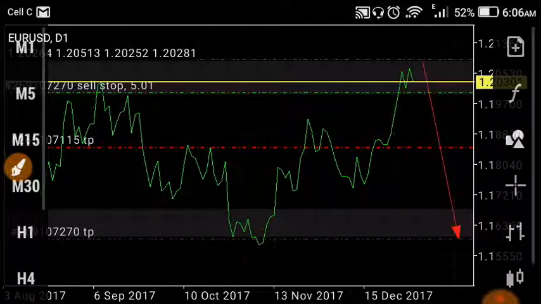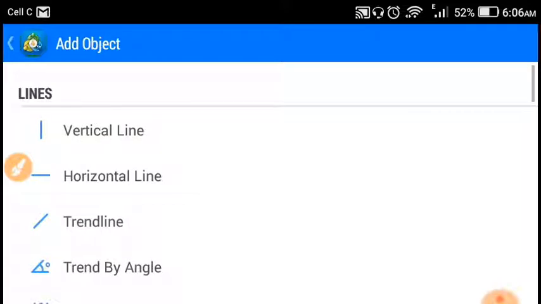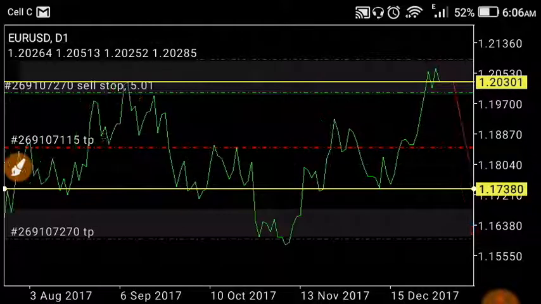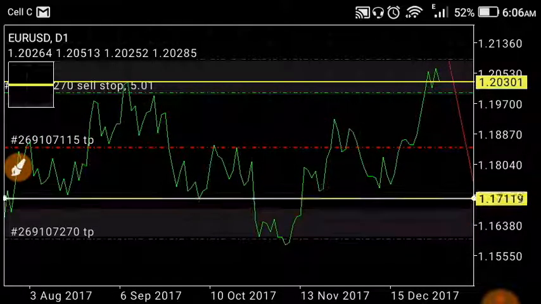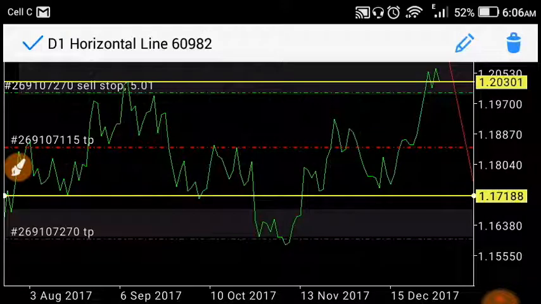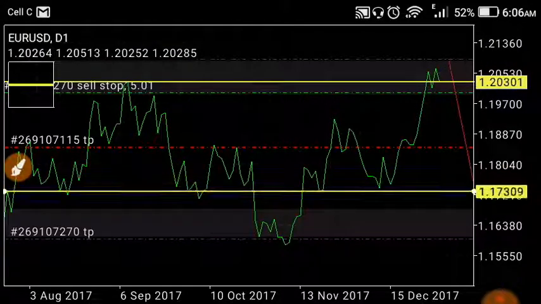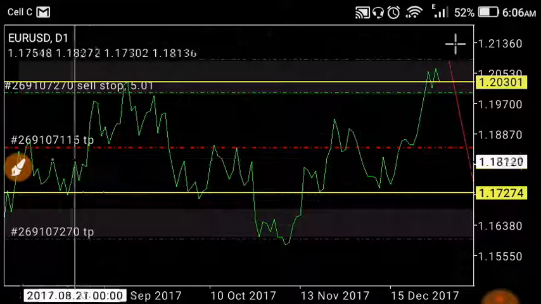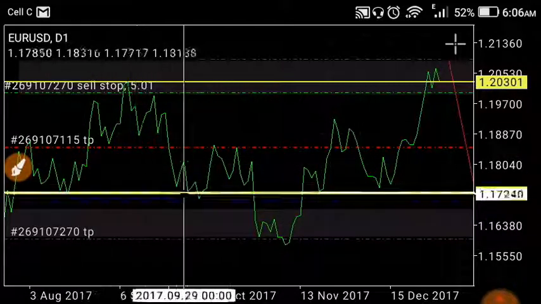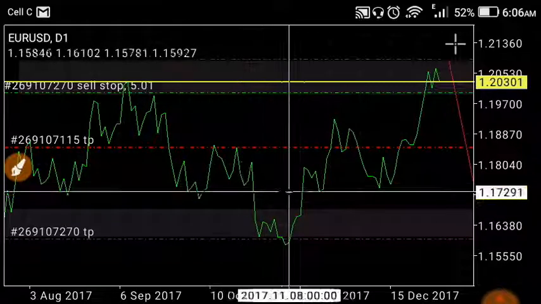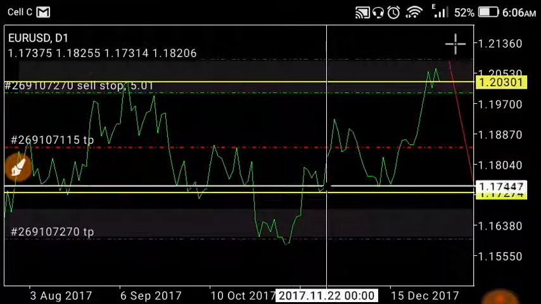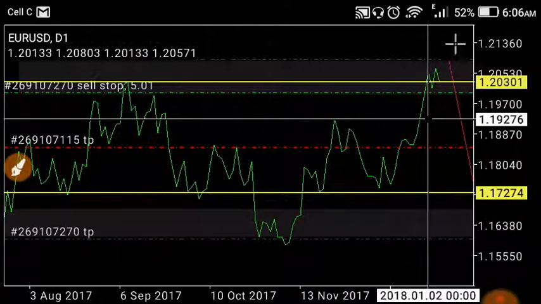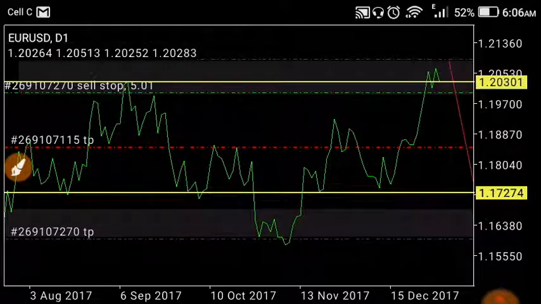So now I want to identify my support areas as well, so I'm just going to place those there. Actually, I can take it a bit higher there, because now, as you can see, we have a bouncing point there, another bouncing point there, another bouncing point there, and another one here. So that could be a very significant turning point for us.